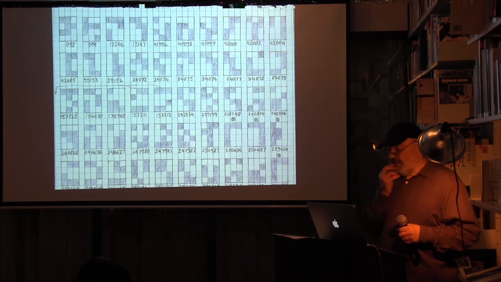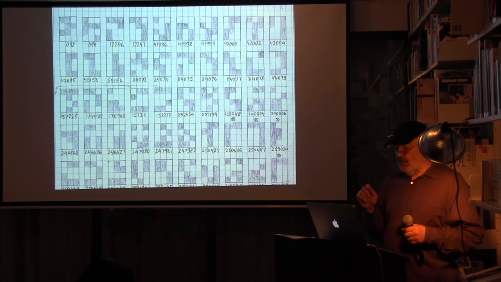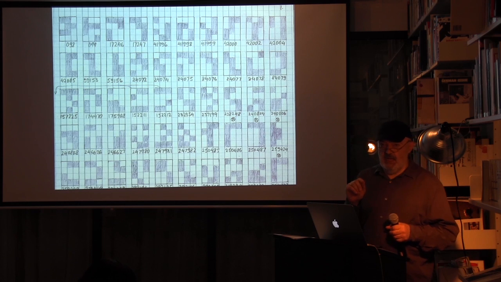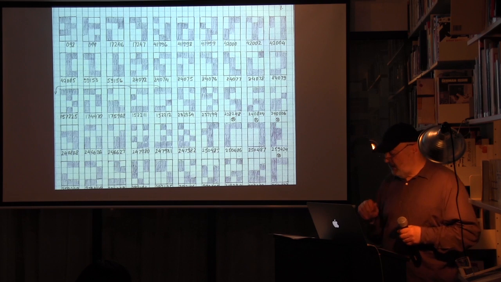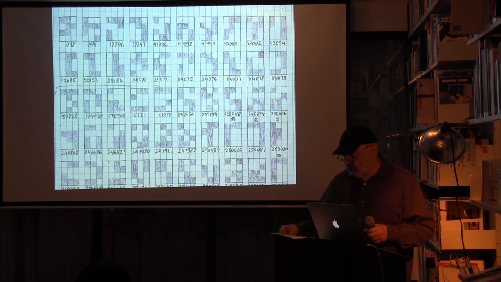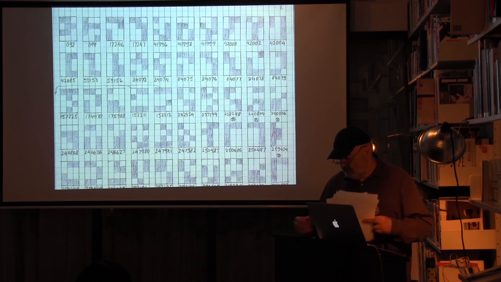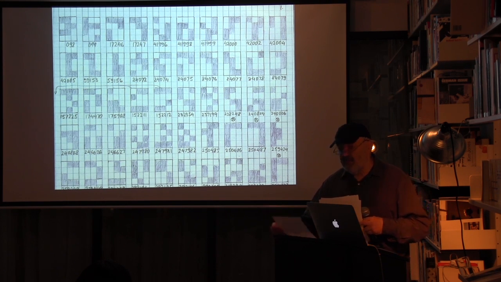I was particularly interested in the cases of equal numbers of A's and T's. And I found something like 700. Let me see. 774.